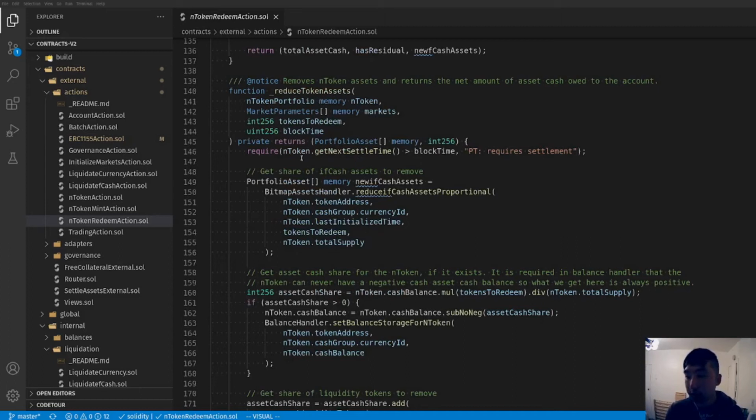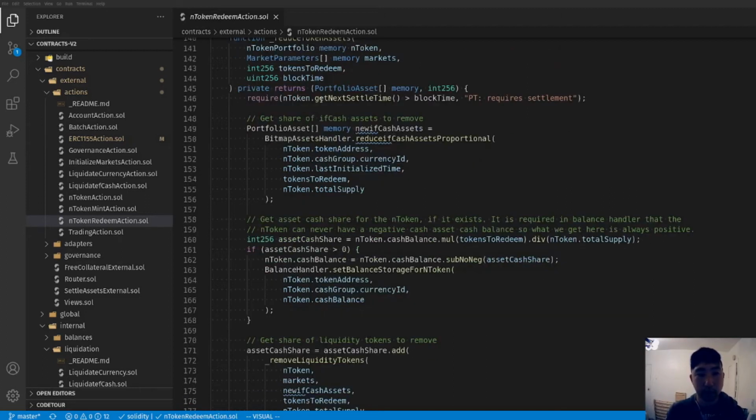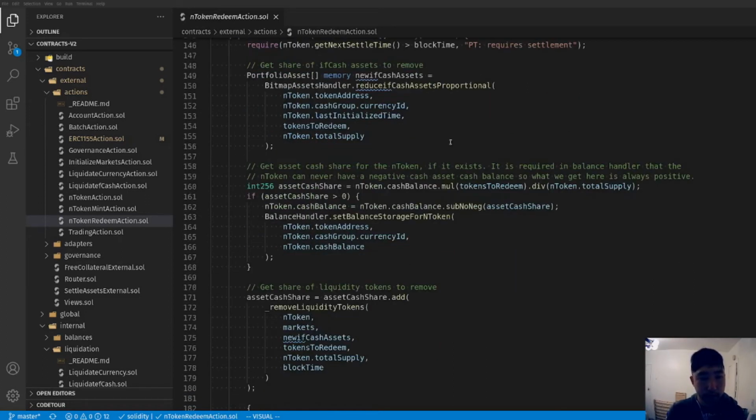This will fail. But again, anyone can call initialize markets, and there's a strong incentive to ensure that initialize markets is called very quickly. So this amount of time should be quite short. What we'll do is we'll reduce the Fcash assets proportionally.